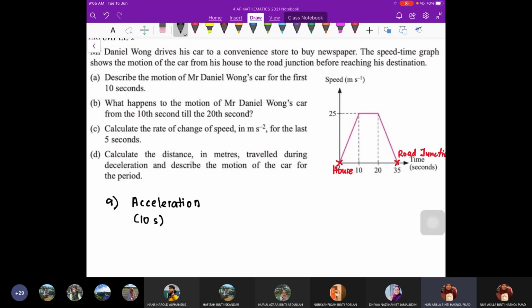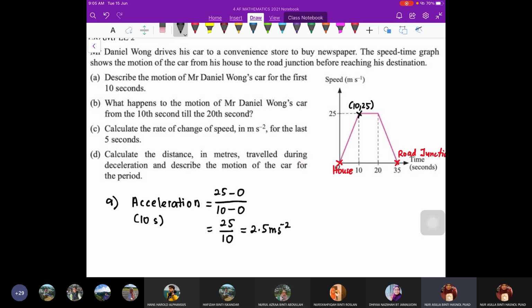So acceleration adalah gradient for speed time graph. So guna sahaja 2 point. Sini 10, 25 and 0, 0. So y2 minus y1, 25 minus 0 over 10 minus 0. So jadi 25 over 10 is equals to 2.5 meter per second per second.